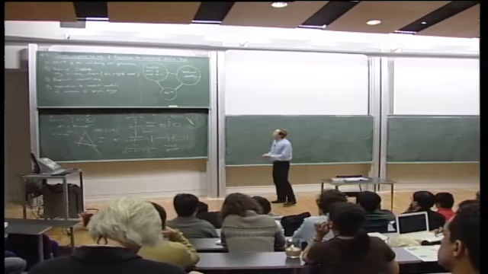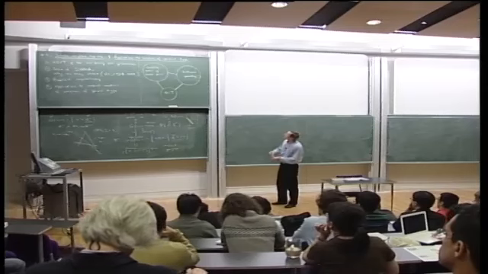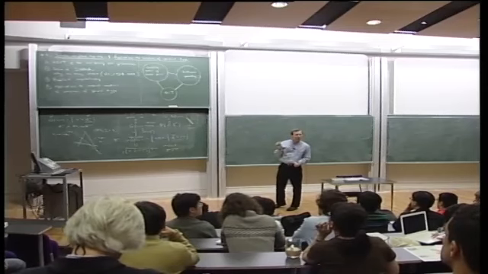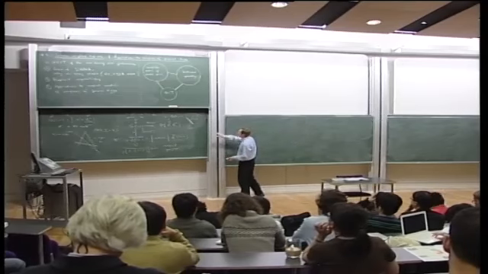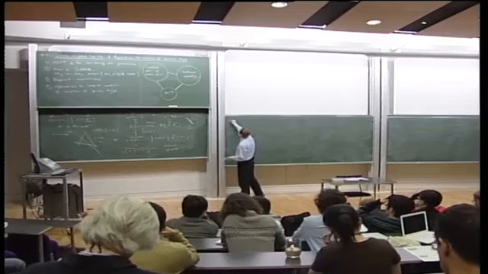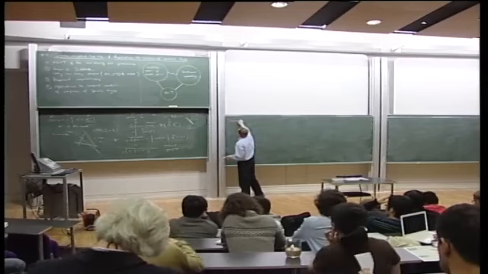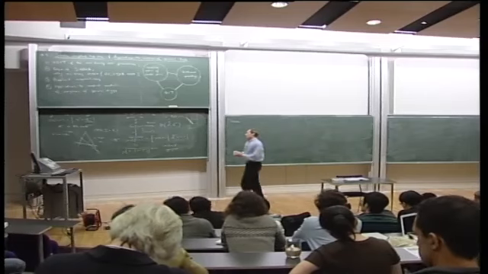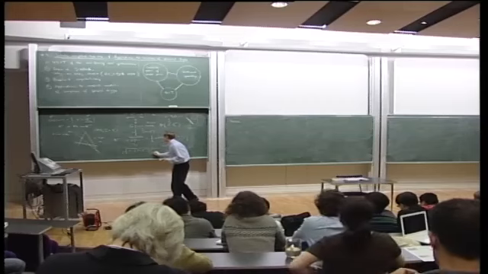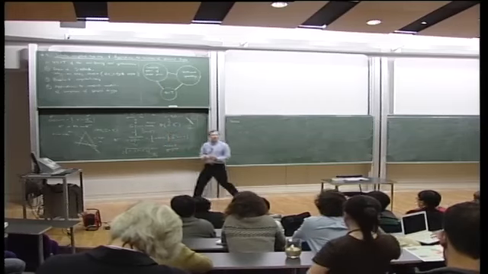Now, let me give the first indication of this connection between birational geometry and GIT by stating another definition, or it's like a lemma. It's another definition of this matroid polytope. We'll call it P_V. It depends on V.